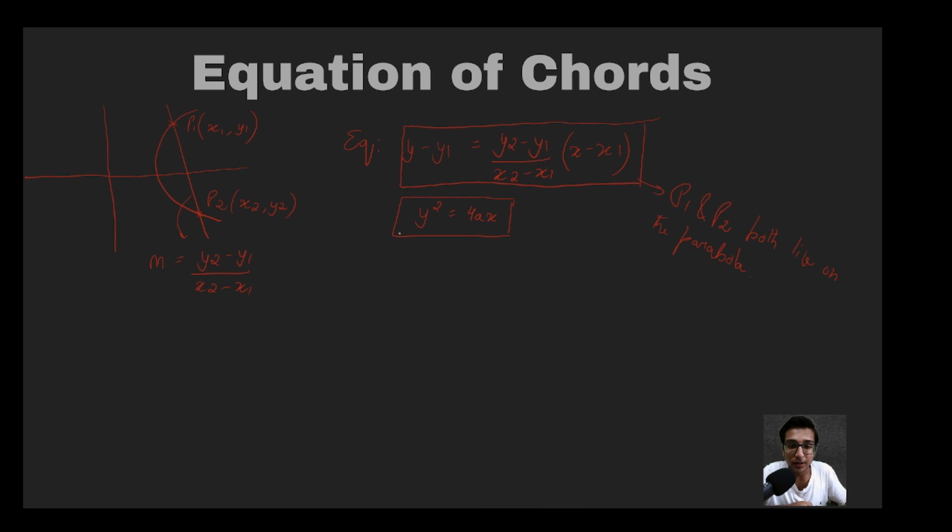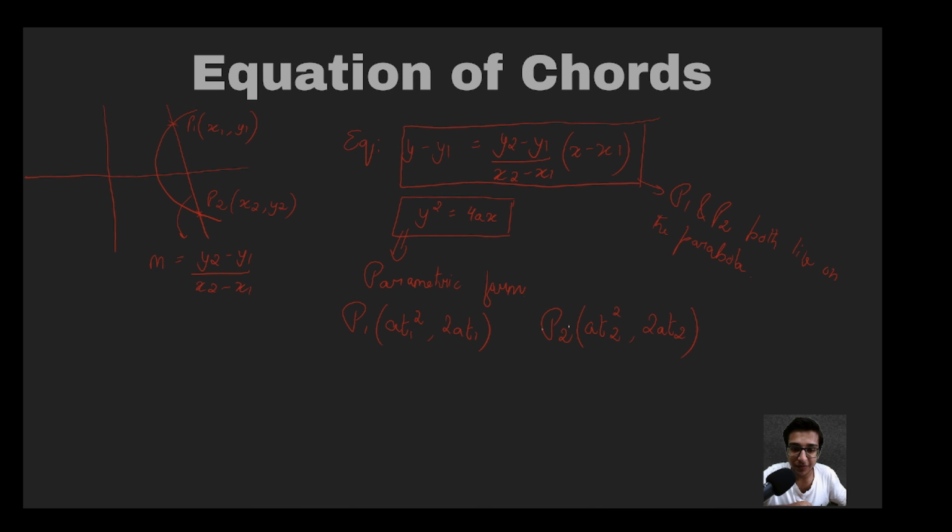So if we are using the parametric form, then we can say that point P1 would become a t1 square comma 2a t1, and point P2 can be written as a t2 square comma 2a t2.